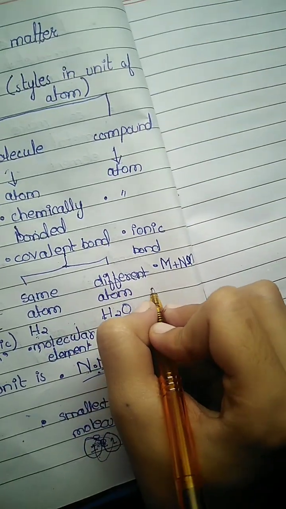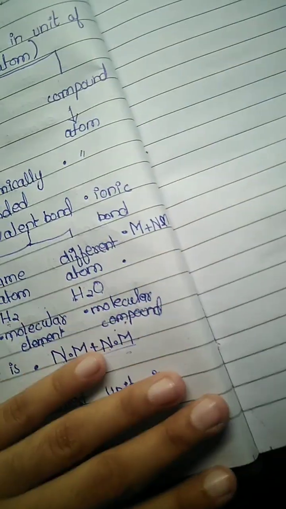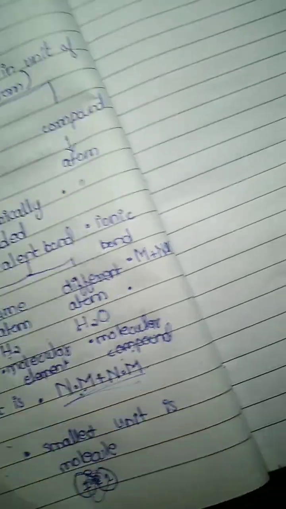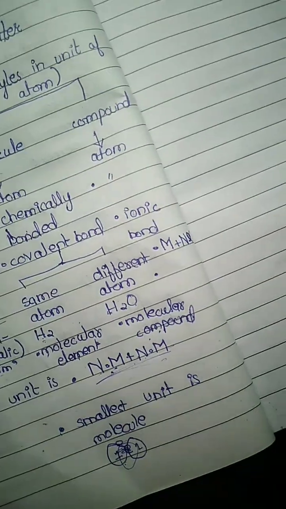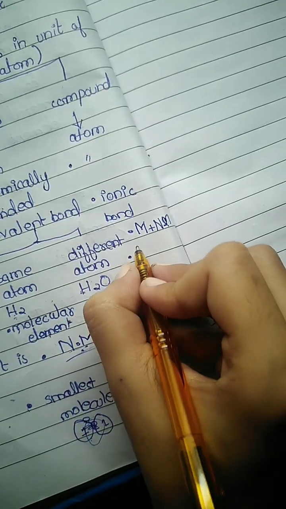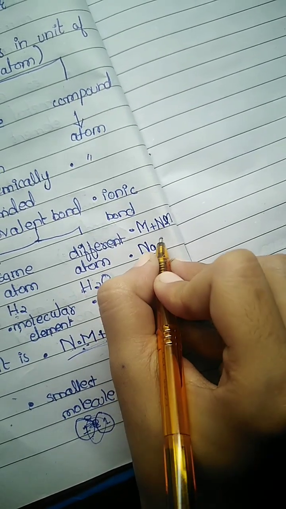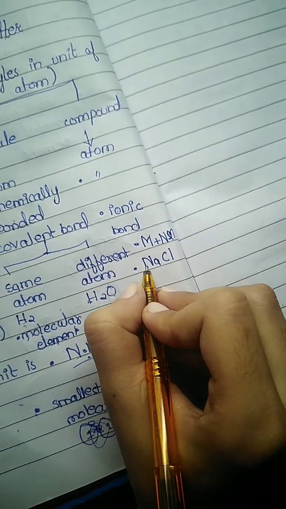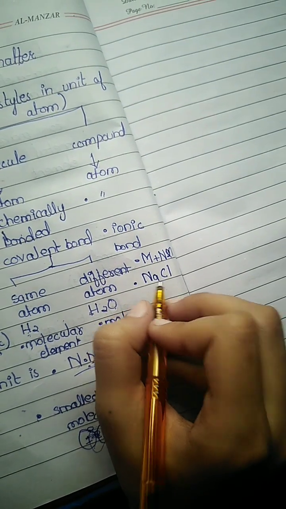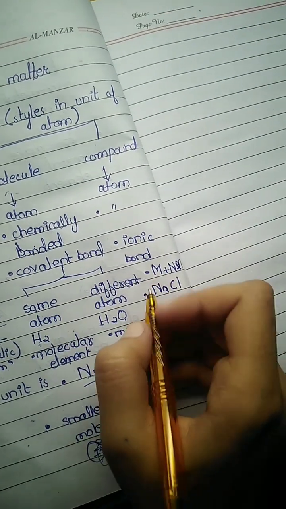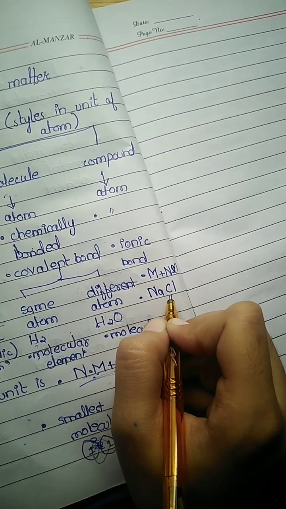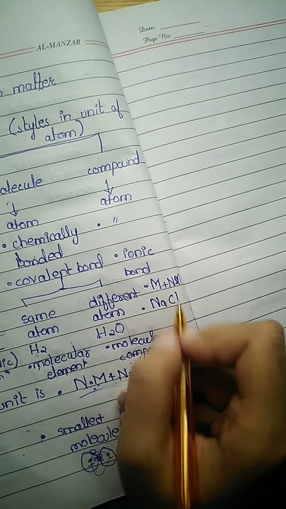Okay, now let's talk about an example. Now the example is NaCl. Here Na, sodium, is a metal and chlorine is a non-metal.